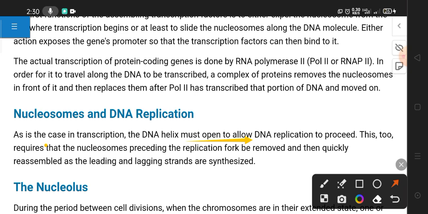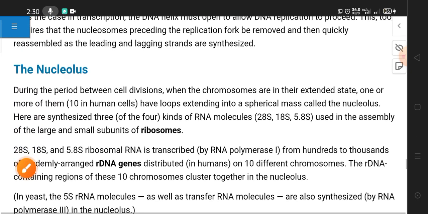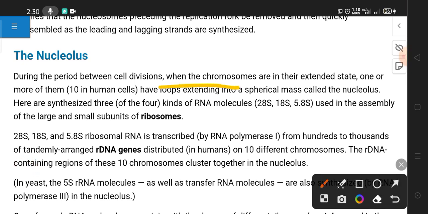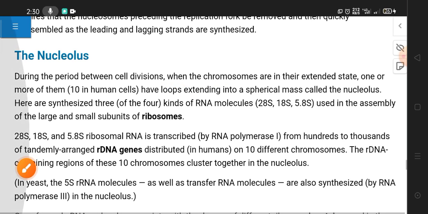The next is the nucleolus. During the period when the chromosomes are in their extended state, one or more than ten in the human cell have loops extending into a spherical mass called the nucleolus.